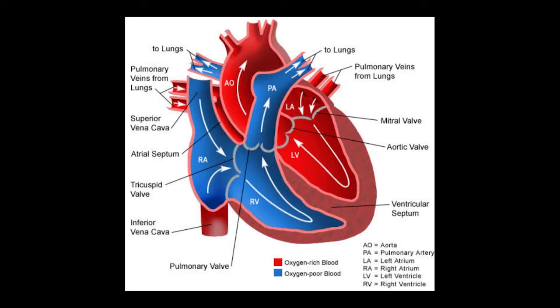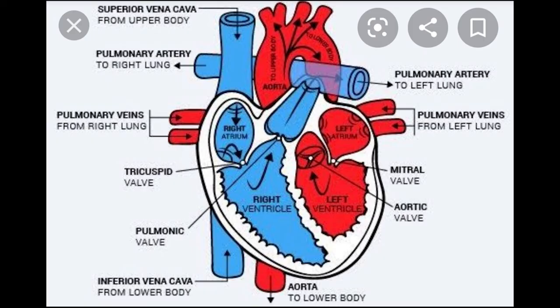Not only that, there are some pipe-like structures attached to the heart. Some of them carry oxygen-rich blood from the heart to the whole body, and these are called arteries. The rest carry carbon dioxide-rich blood from the body to the heart, and these are called veins.